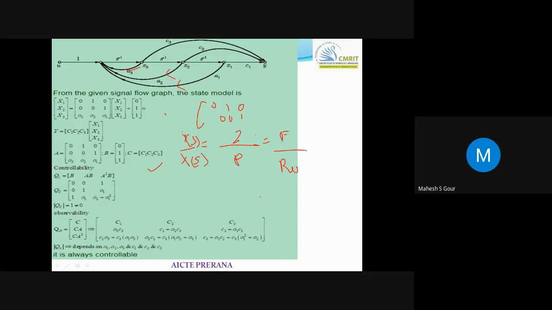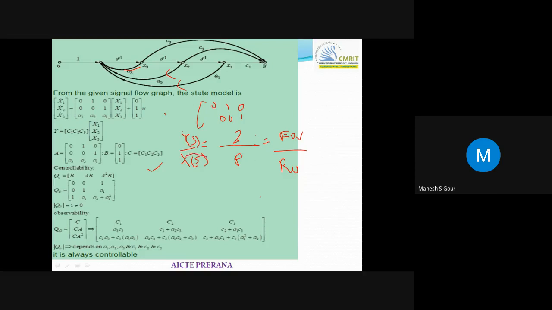I hope in the previous problem I cleared this. In the transfer function, y of s divided by x of s, zeros will be your numerator, poles will be denominator. With respect to signal flow graph, the forward path will be your zeros and poles will be the reverse path, right?